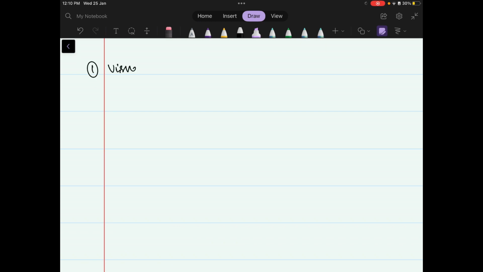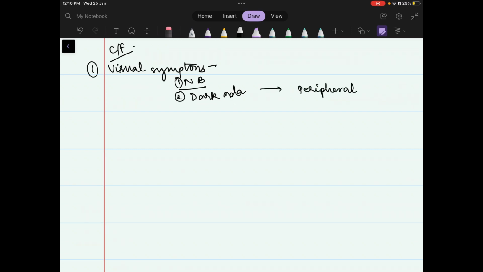Now coming to its clinical features. First, what are the visual symptoms seen? Very obvious, night blindness. And second is dark adaptation. Actually, it has been seen that the light threshold for the peripheral retina is increased.